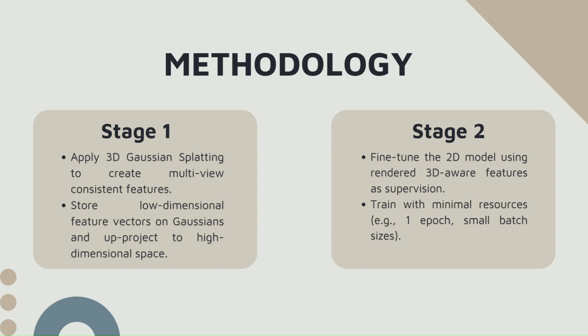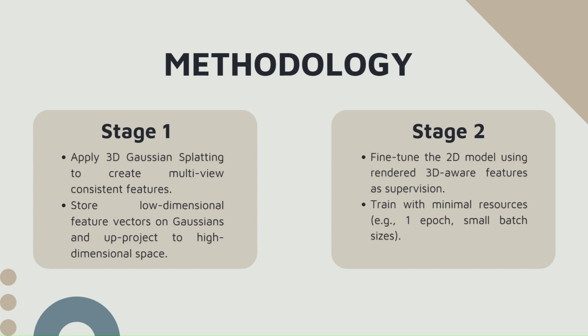The aim is to produce multi-view consistent features, meaning features that are spatially and semantically coherent across different camera views of the same scene. The approach begins with a pre-trained 2D backbone, such as DINOv2, which extracts features from each image in a multi-view sequence. These features are then embedded into a sparse set of 3D Gaussians.